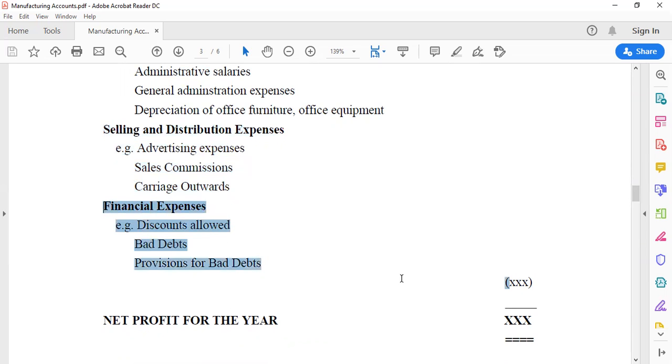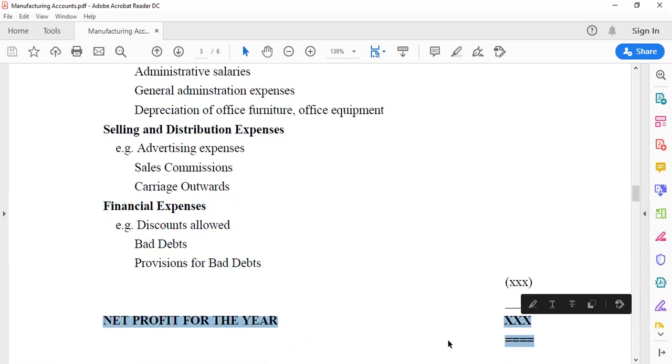We also have financial expenses like interest expense. You deduct those from the gross profit, you get the net profit of the year. So that is the manufacturing, trading, and the profit and loss account of the business.